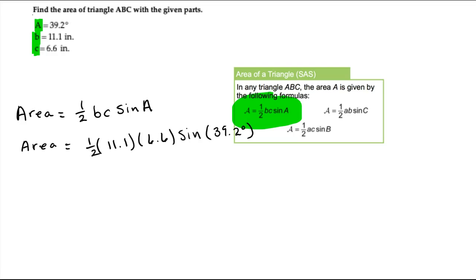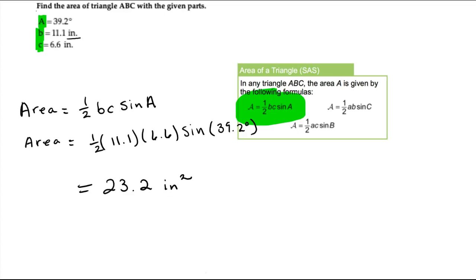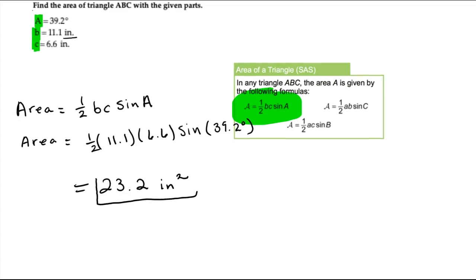So it's very important that your calculator is in degree mode when you're doing this. And you're going to get 23.2 inches squared, because the units are inches, and of course area is always square units. So this is the answer, and how you would go about finding the area of a triangle with a special application of the law of sines.